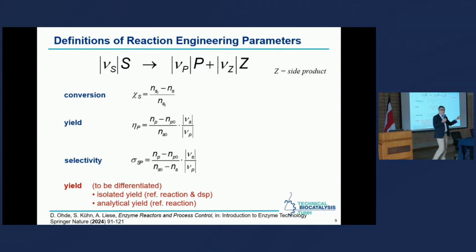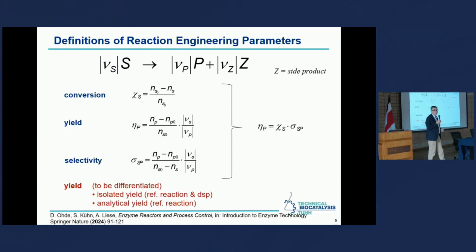Not what was there at time point 0, but how much product is being produced in relation to what has reacted over to the product side. These are the 3 fundamental basic terms, and they are correlated with each other. Namely, the yield is nothing more than the product of conversion and selectivity.